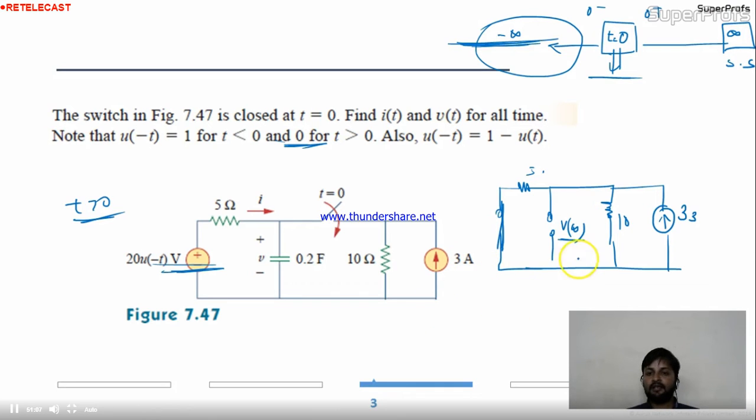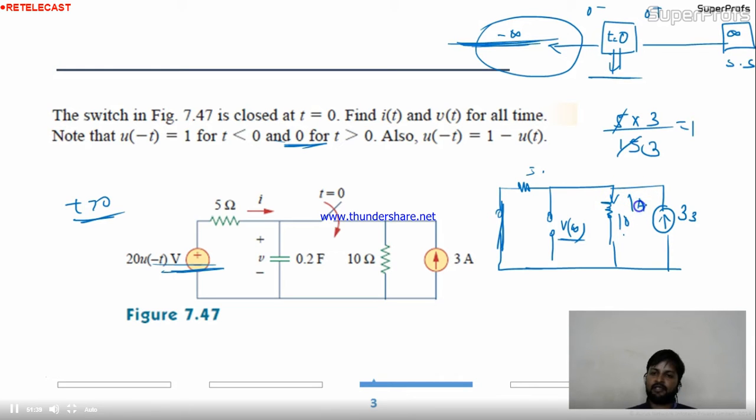Okay. Come to this circuit. I have to calculate V infinity. You are having 3 ampere current over here and 2 parallel branches. So if you can find out the current in this, that current into 10 is nothing but the V infinity, right? So I'll divide this current. The current in this is 5 into 3 divided by 15. 5 3s are 15, and this is 1.